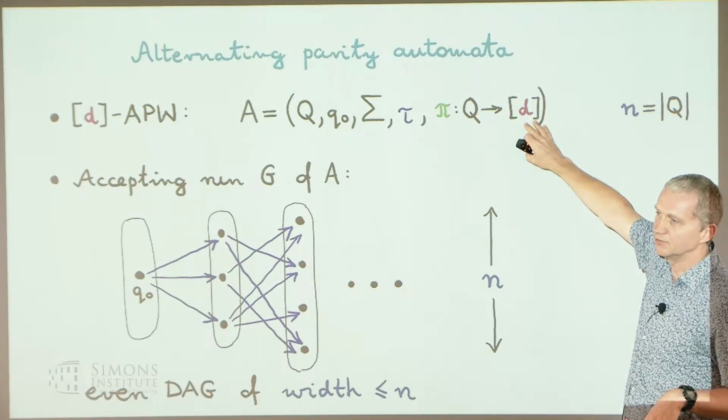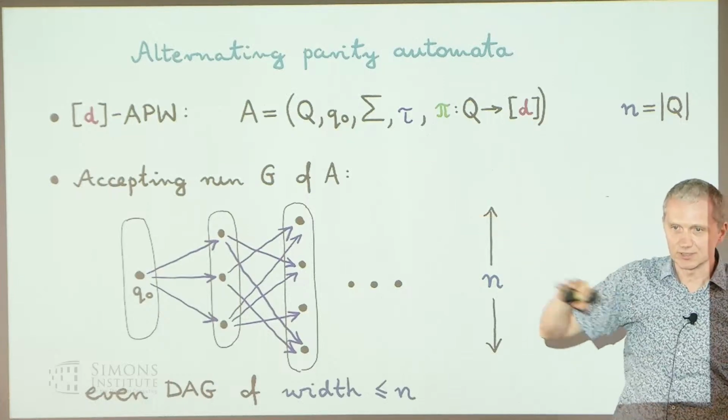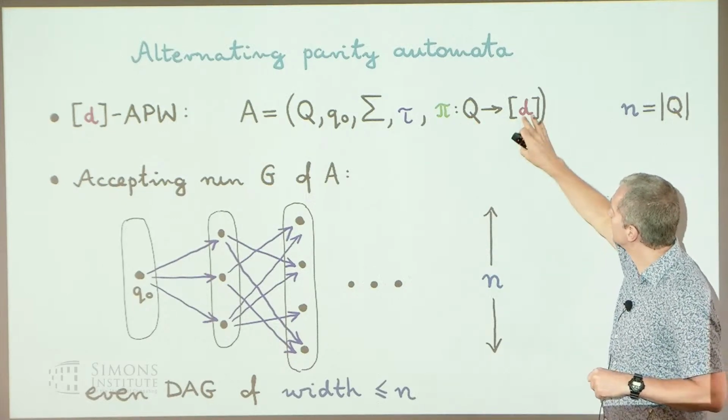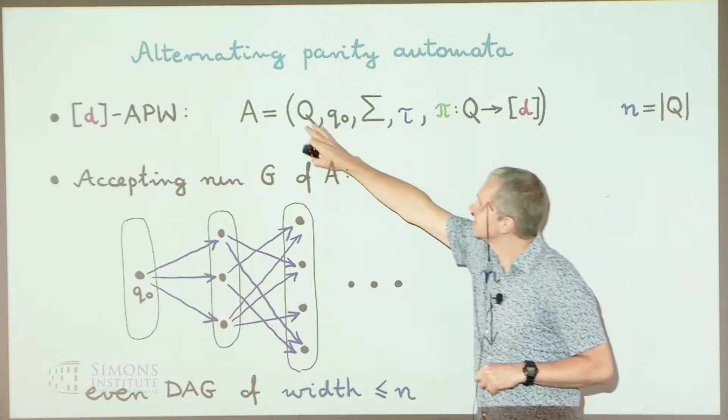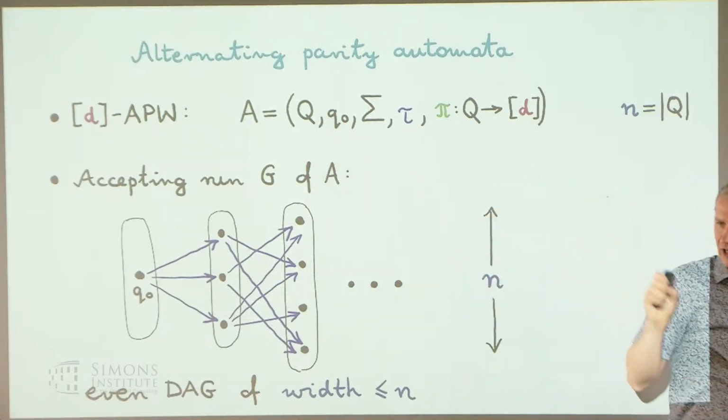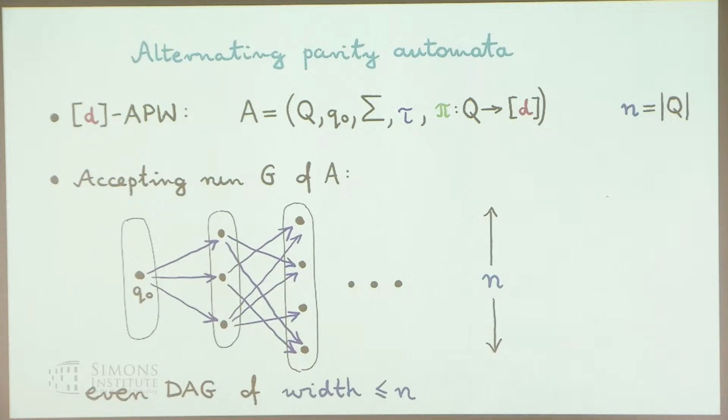So we have infinite paths in runs, and they are good if the highest priority that occurs infinitely many times is even. So we label states by these priorities. We have a set of states, an initial state, an alphabet, a transition relation or function, however you want to formalize it.